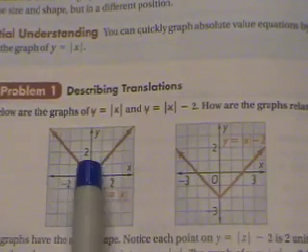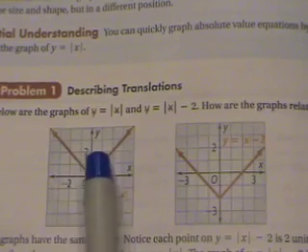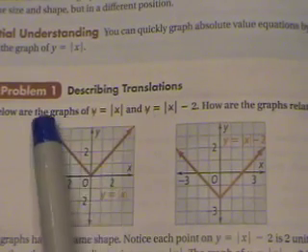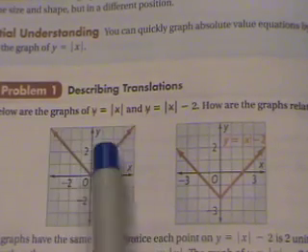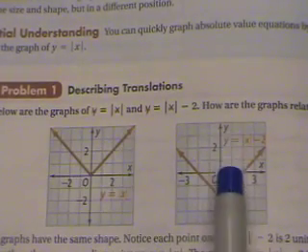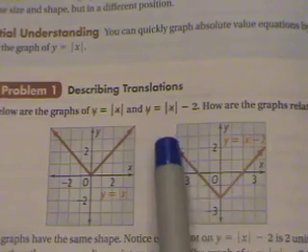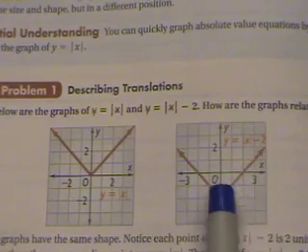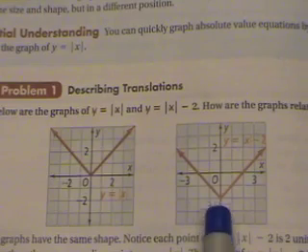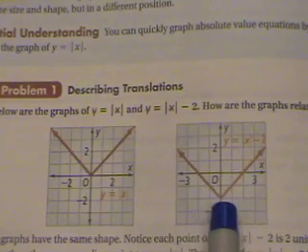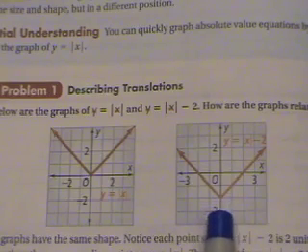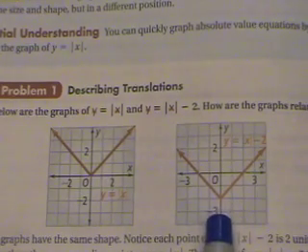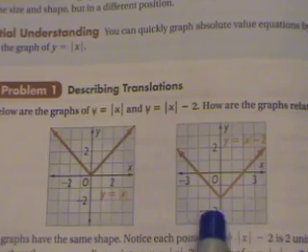The range for this one is which possible values of y? That's right, only the positive ones. And the range for this one starts down here at -2, but only goes up from there. So it's any number greater than or equal to -2.